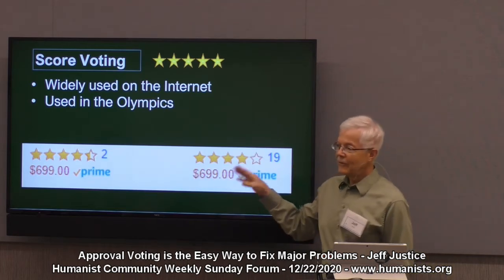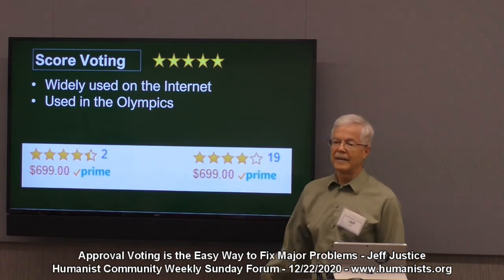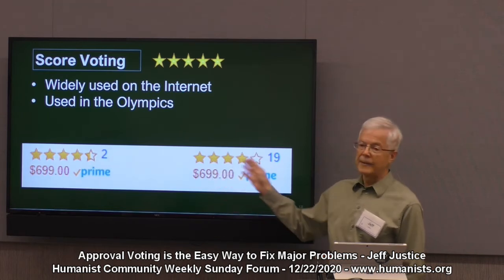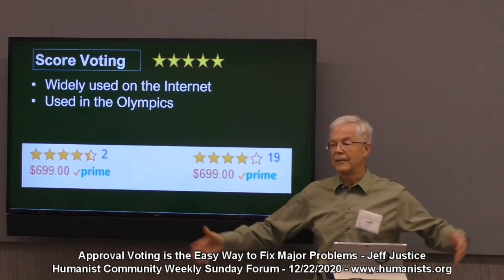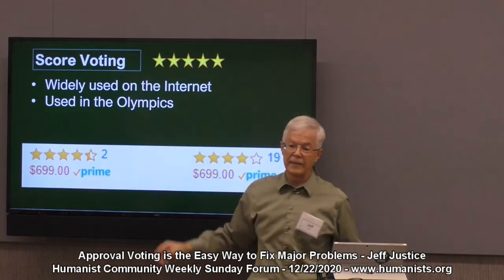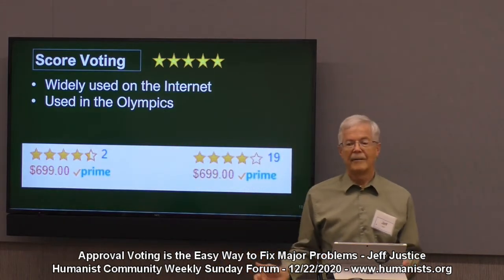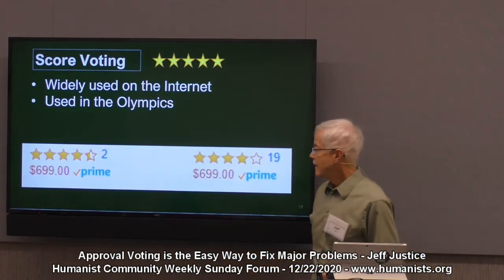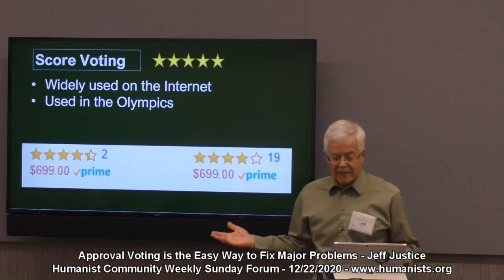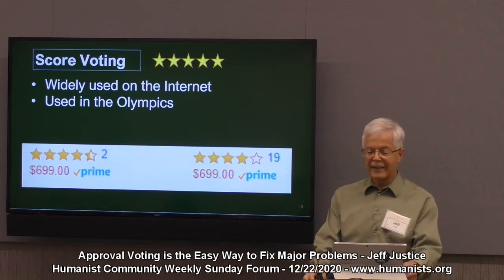And so we're really used to score voting. Now, Amazon decides 0 to 5 stars. There's 0 to 100. The Olympics uses 0 to 10, with 10 being the maximum. So it's a good system.